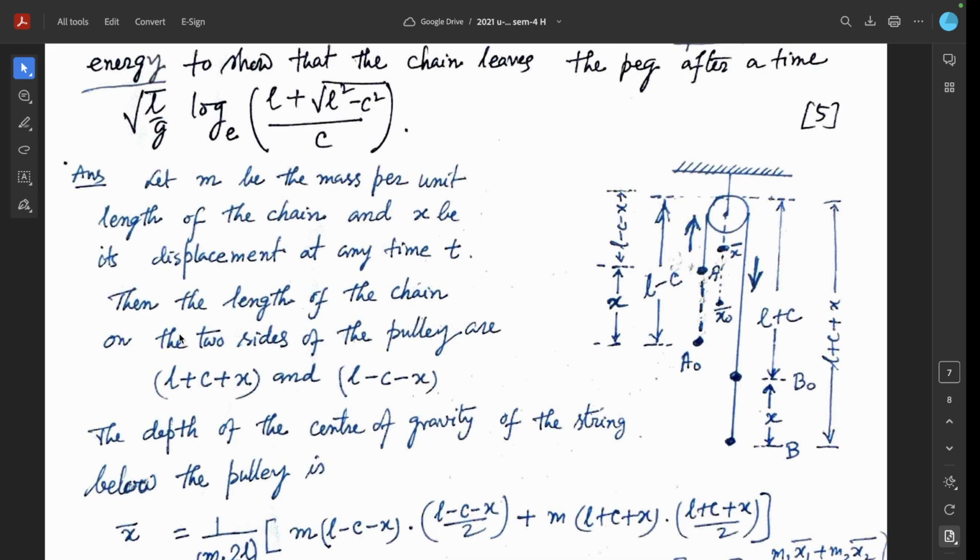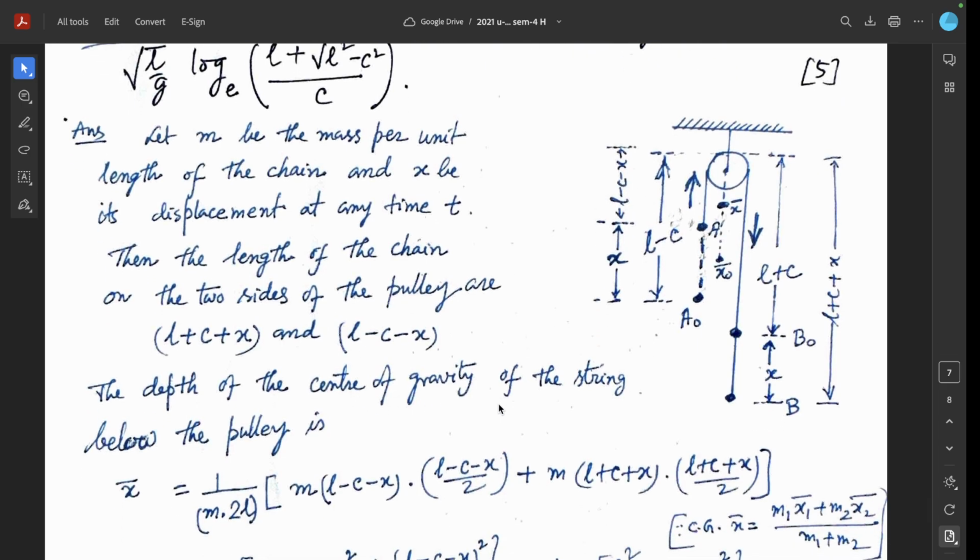The lengths of the chain on the two sides of the pulley are L plus C plus x on this side, and on the other side, the initial distance is L minus C, so it becomes L minus C minus x.